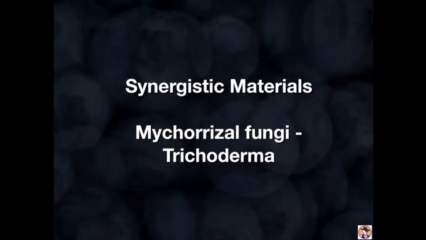Mycorrhizal fungi, I'm sure many of you are very familiar with them, colonize living root systems and are able to absorb water and various nutrients, particularly phosphorus, and access them even where plant roots can't, having a symbiotic relationship with plant roots.